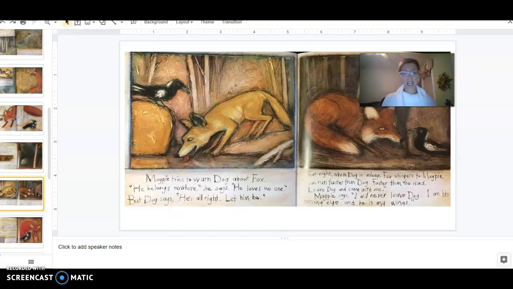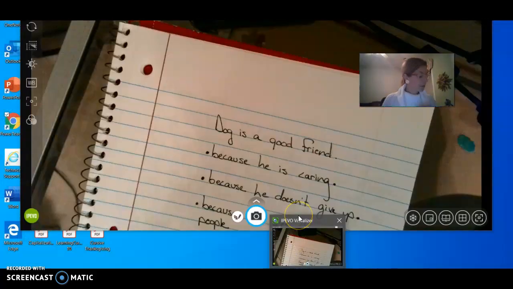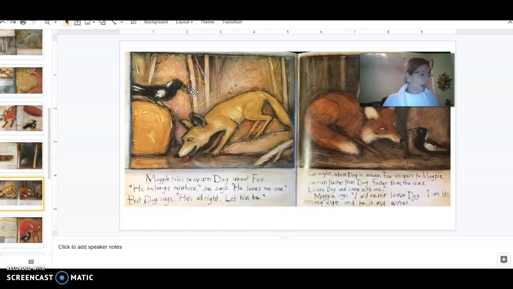And I am looking at my thesis that Dog is a good friend. That's what I came up with yesterday. He's a good friend because he's caring. He's a good friend because he doesn't give up. And he's a good friend because he sees the good in people.